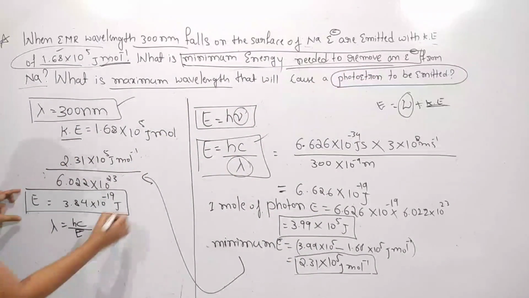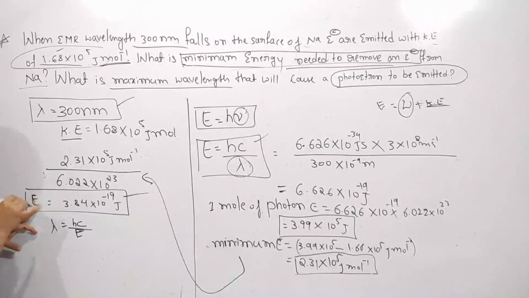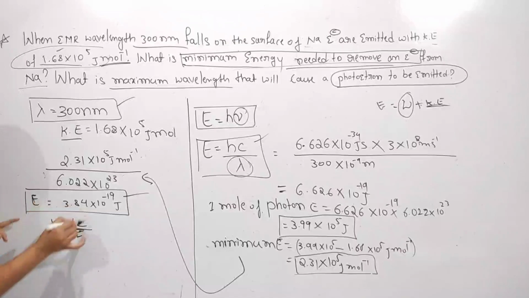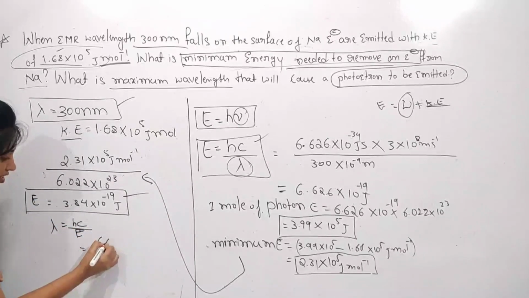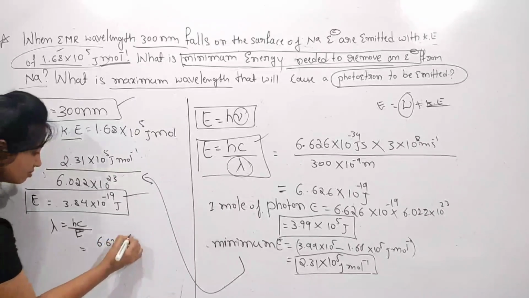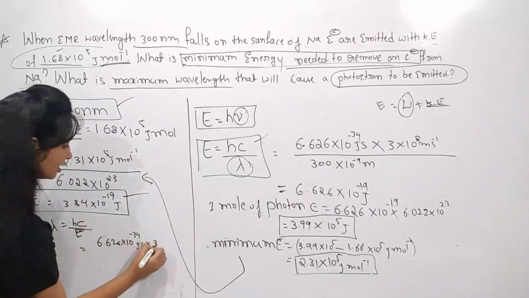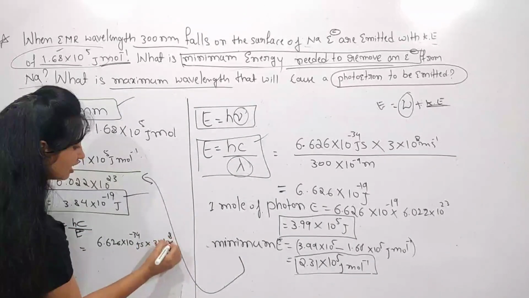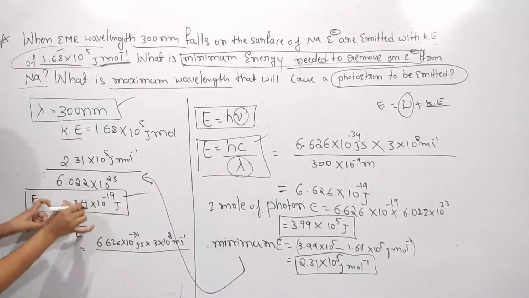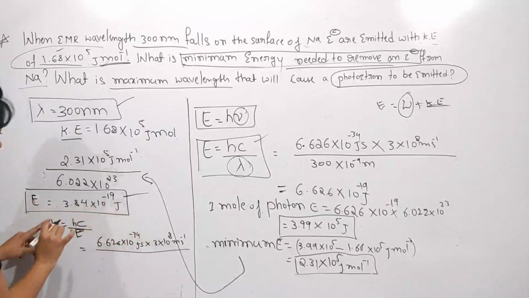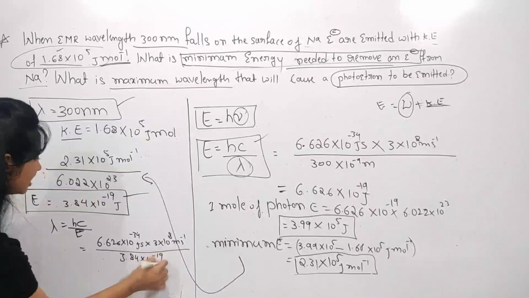So we have already found the value of the minimum energy for 1 photon. I put this energy value here. h means Planck's constant, 6.626 × 10^-34 joule second, times c, the speed of light, 3 × 10^8 meter per second, divided by the minimum energy needed to remove an electron from the sodium, that is 3.84 × 10^-19.